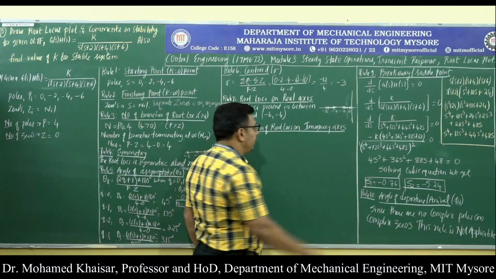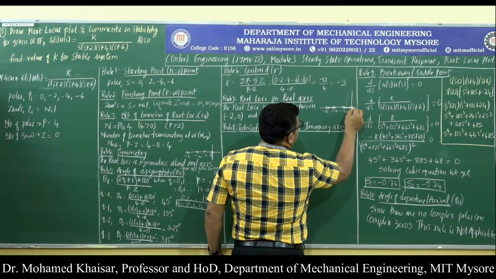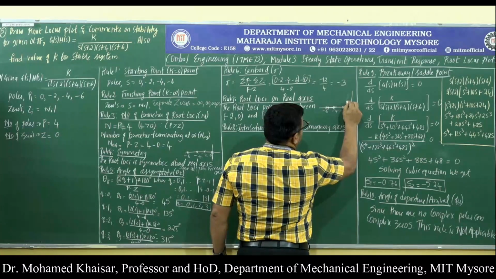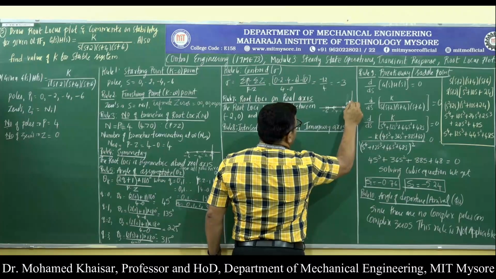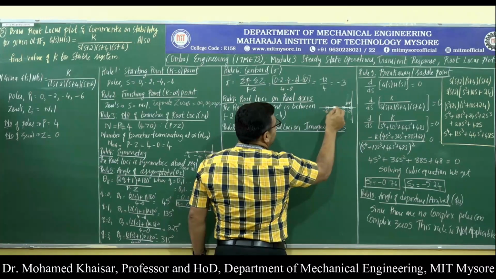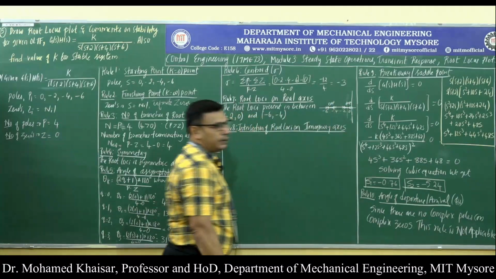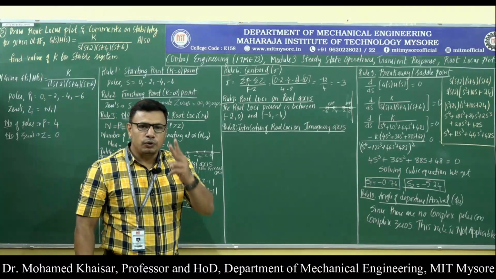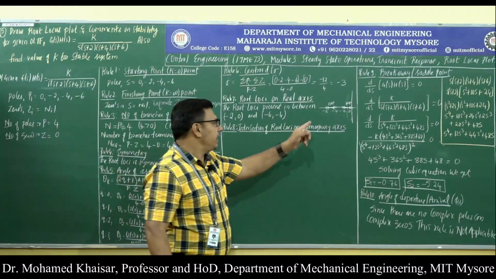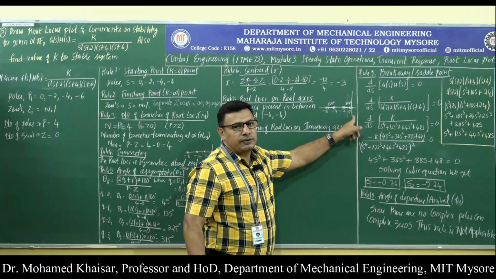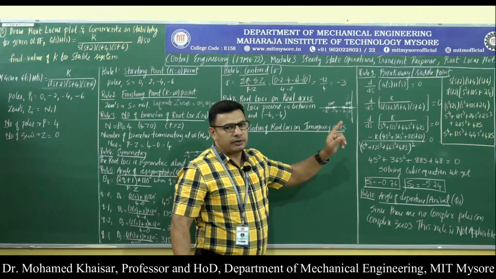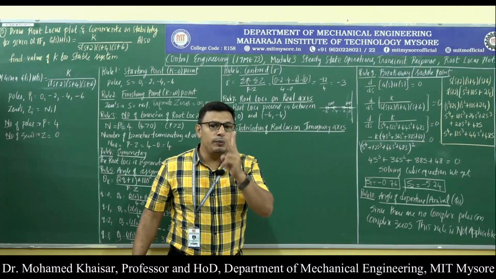What it means is, between -2 and 0, there is going to be a breakaway point, and between -6 and -4, again there is going to be a breakaway point. So there are 2 points on the negative real axis, one between -2 and 0, the other between -6 and -4. There are going to be 2 breakaway points.